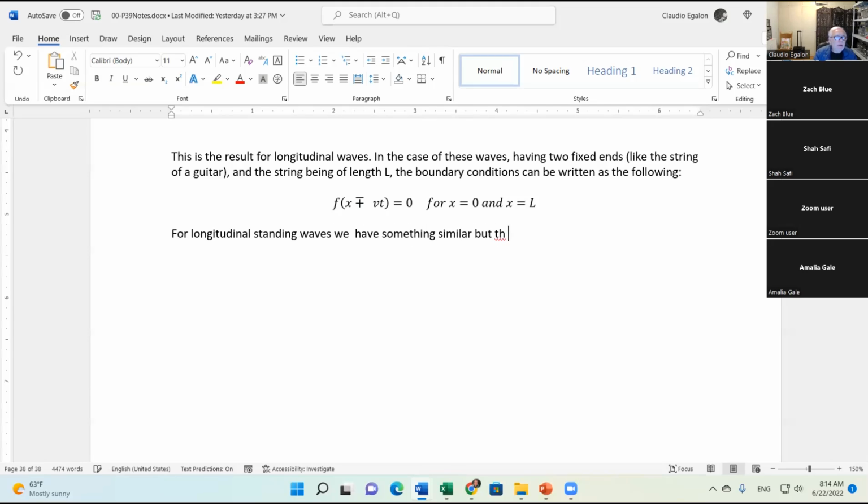But the boundary conditions are going to vary somewhat.